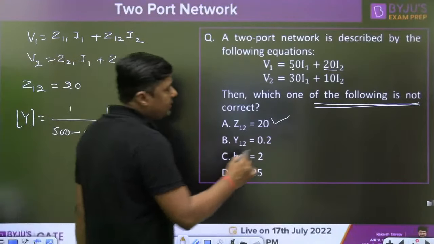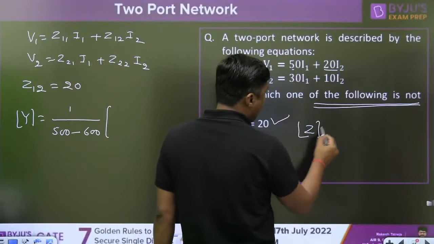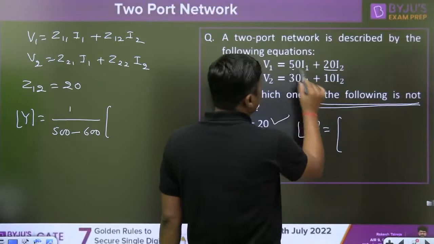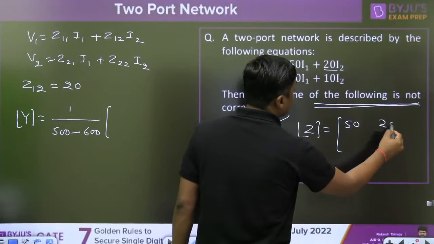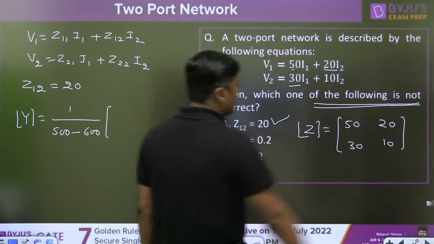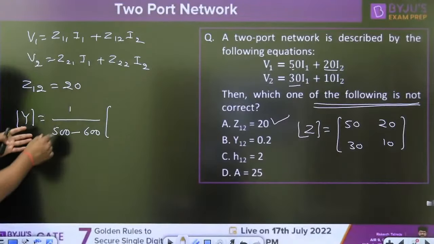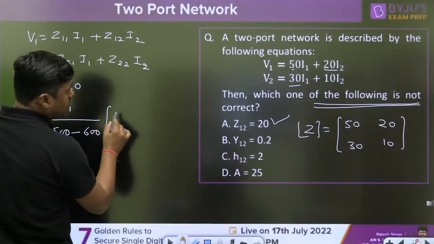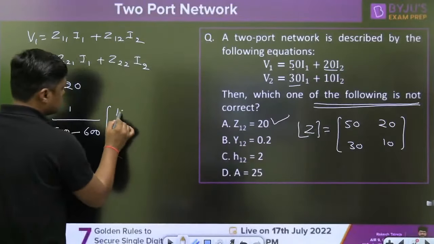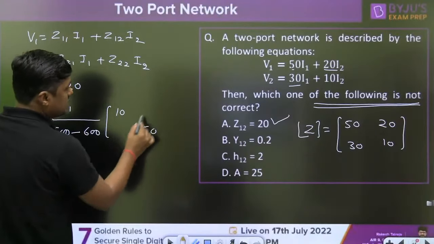Because what is the Z matrix? Z is 50, 20, 30 and 10. And then this is minus 100, so 1 by minus 100. Here you change the position of these two and change the sign of these two.